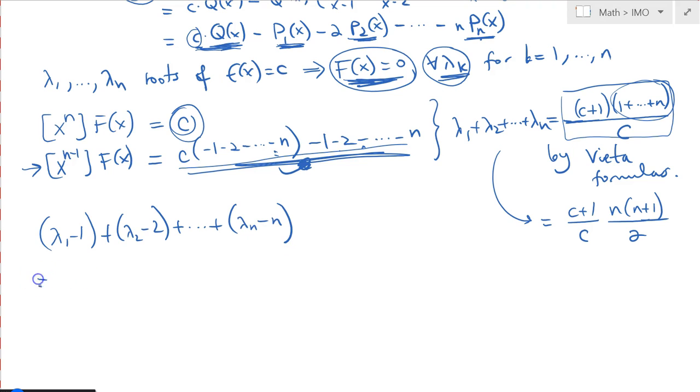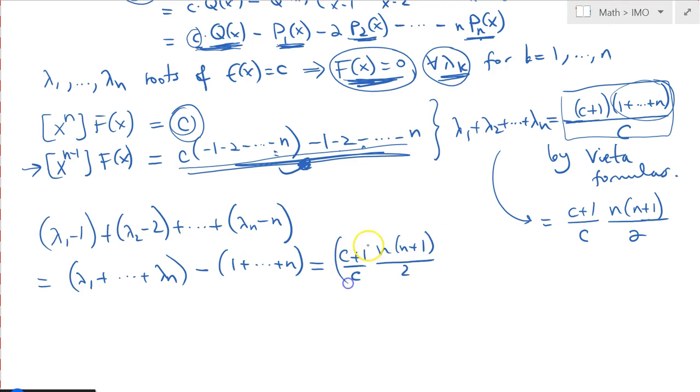And I can split it, so it is just lambda 1 all the way to lambda n minus 1 plus n, and well, the sum of the lambdas we just established is equal to c plus 1 over c, n times n plus 1 over 2, minus, again, this is n times n plus 1 over 2.